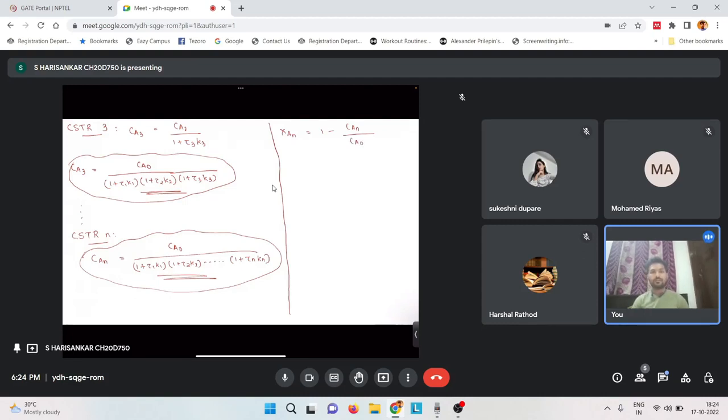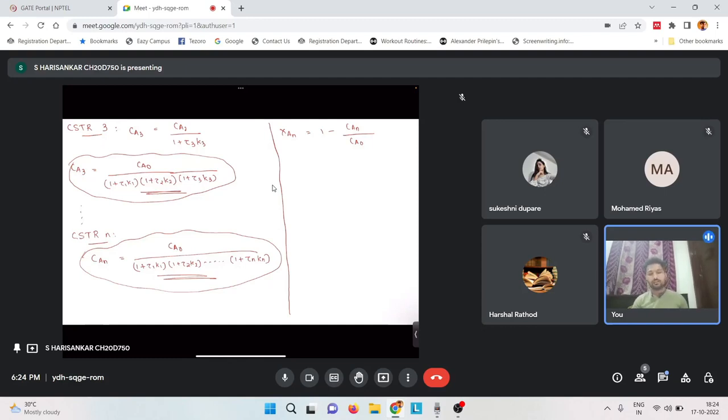Conversion is basically 1 minus the outlet concentration by the inlet concentration. The outlet concentration from this n CSTRs in series system is CAn and the inlet is Ca0. And for this CAn, we have the general equation here.